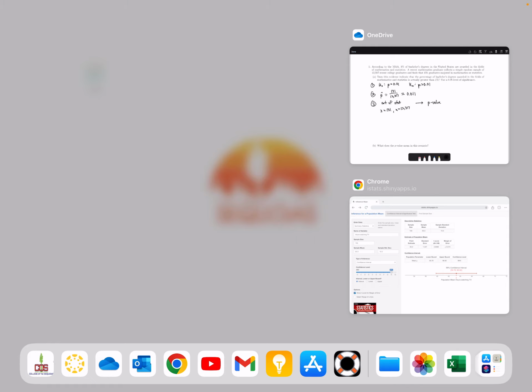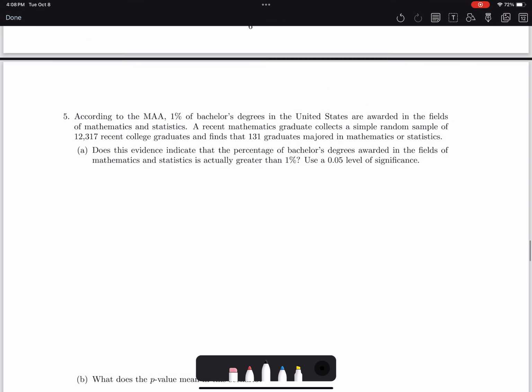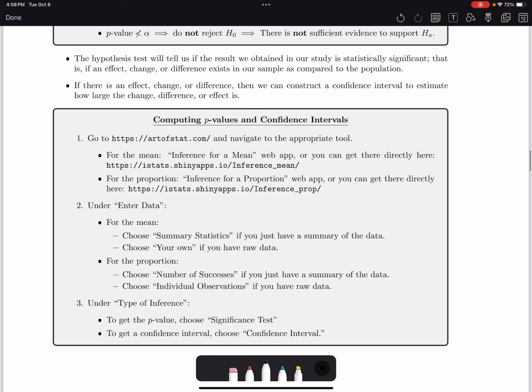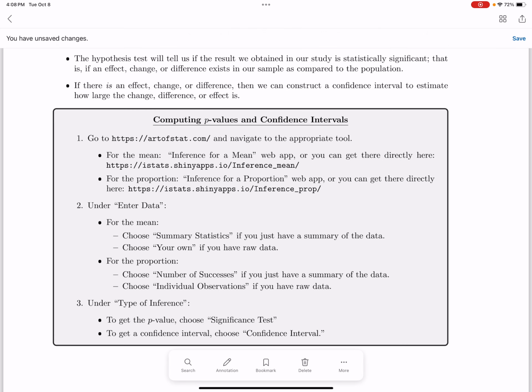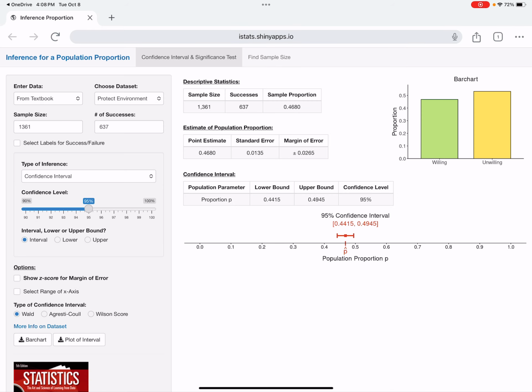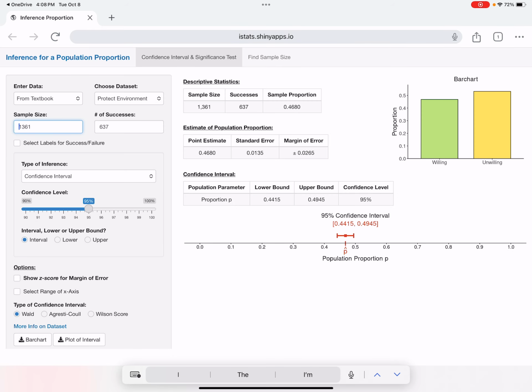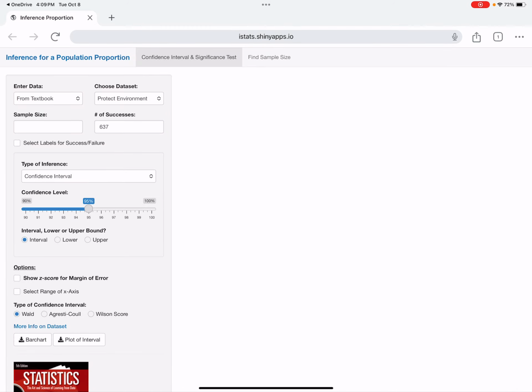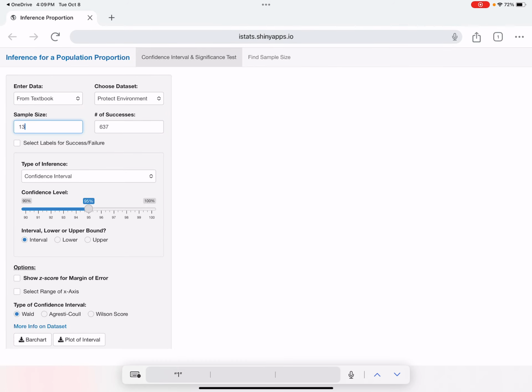Okay. Number of successes we said was 131.